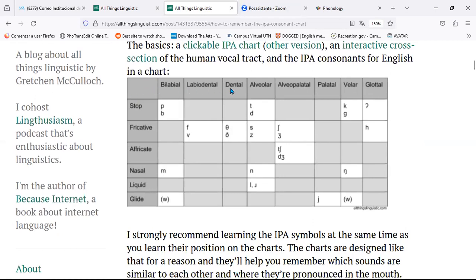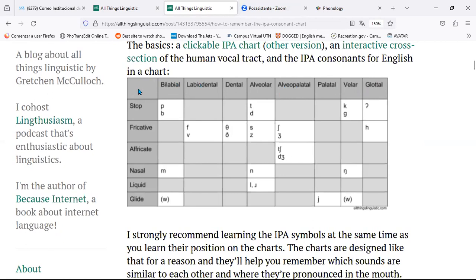All of these classifications, these names, are the place of articulation, meaning where I put my lips, my teeth, the tip of my tongue. That is basically it. So that is why they're called the place of articulation.